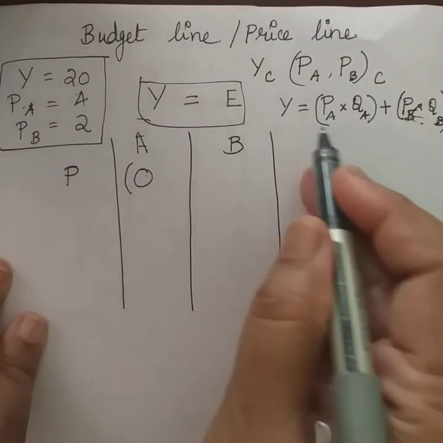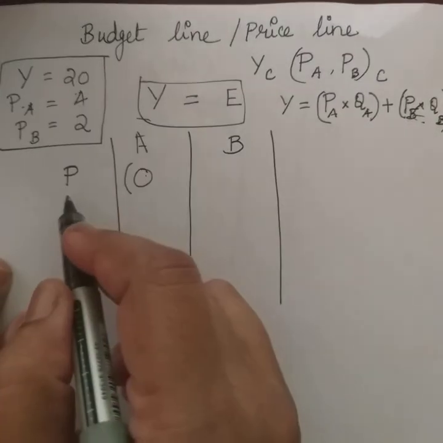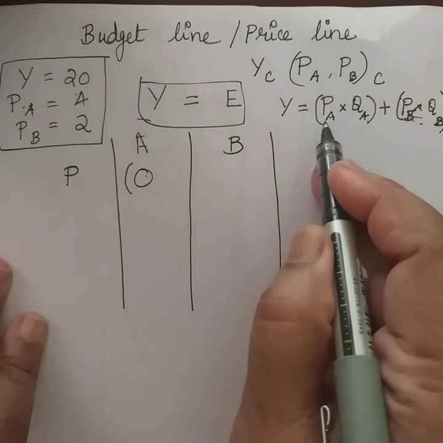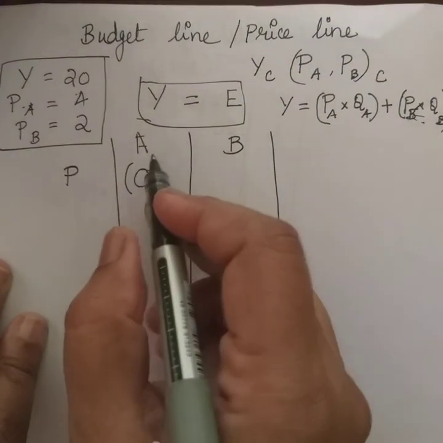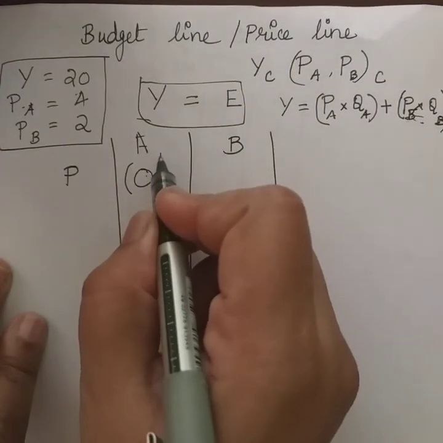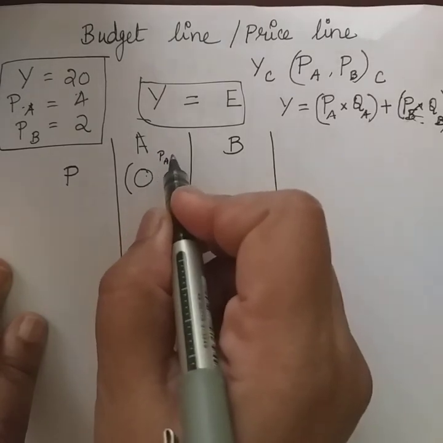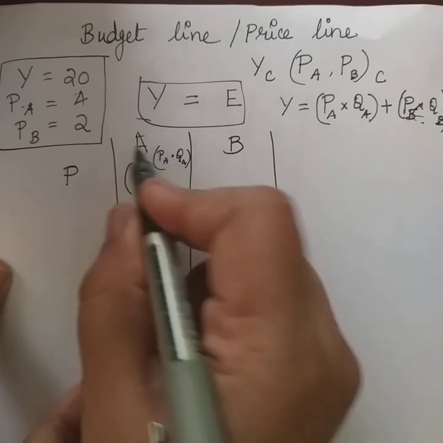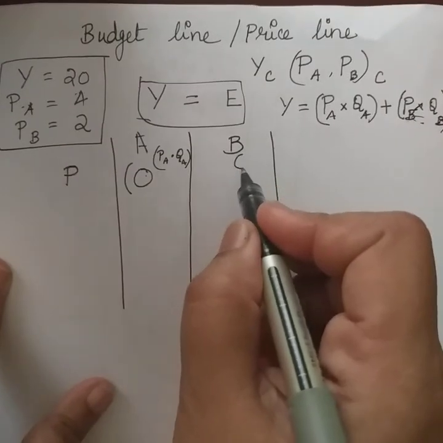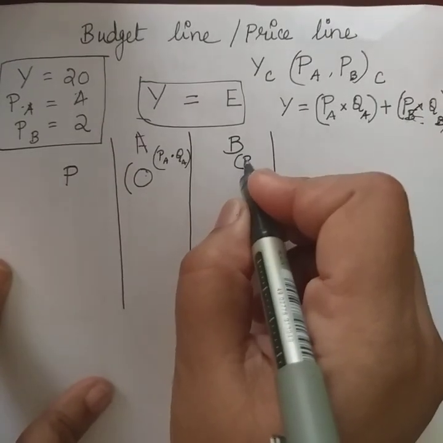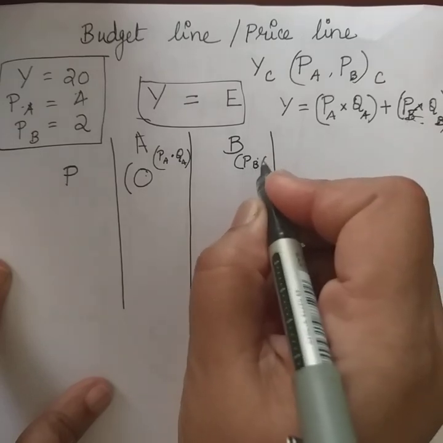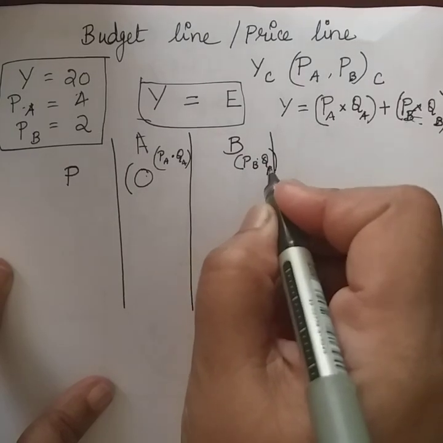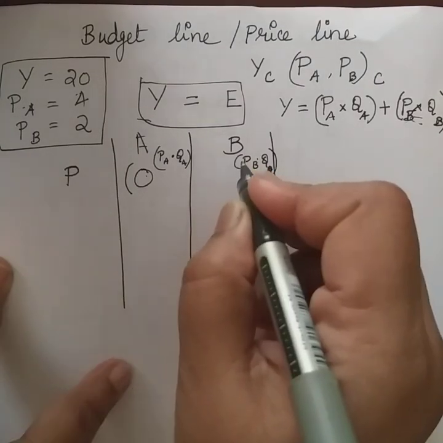Fine. So what is the equation for the budget line? The equation is PA QA plus PB QB. So over here, let me just write it down. It would be PA into QA, that would give the total expenditure on A, and over here it would be PB into QB, which would express the total expenditure on the commodity B. Fine.